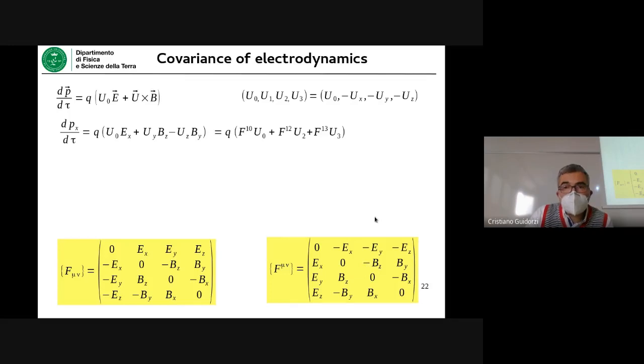So minus Bz times minus u2 is plus F12 u2. So this is just this. You see? And the third one, you have u3. u3 is minus uz, so minus uz, and then F13, row 1, column 3, By. Here it is. So indeed, you can write this this way. But you see, this is the contraction over the second index, with the first index fixed to 1.